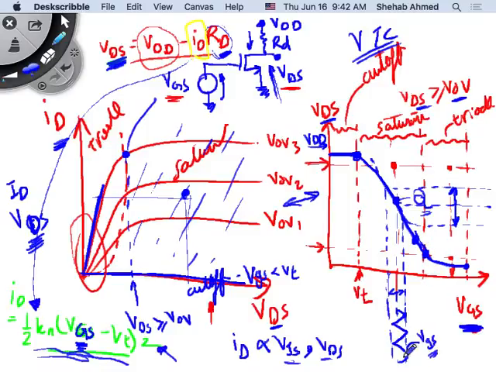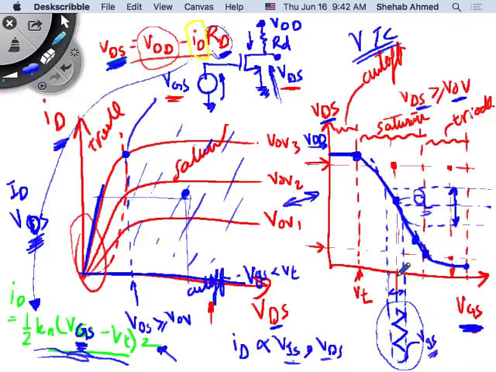If I keep the same small signal, but I bring Q, remember Q was defined by what? Q was defined by your DC operating point, by ID and VDS. The example we did yesterday was your DC operating point.